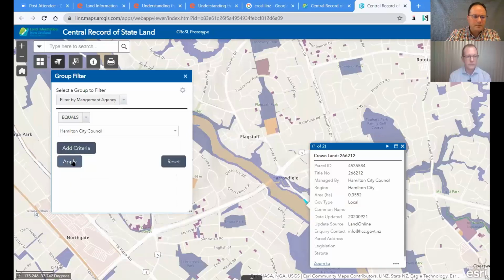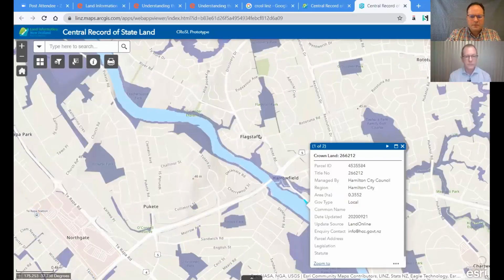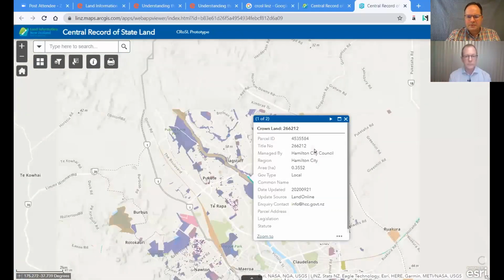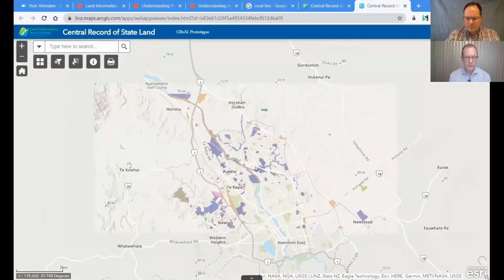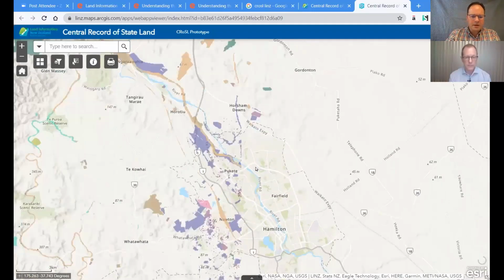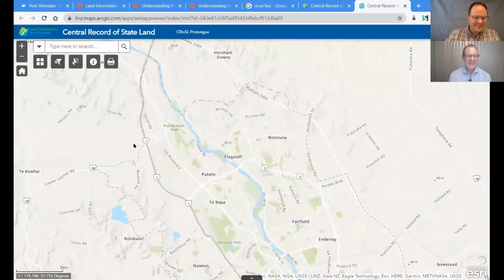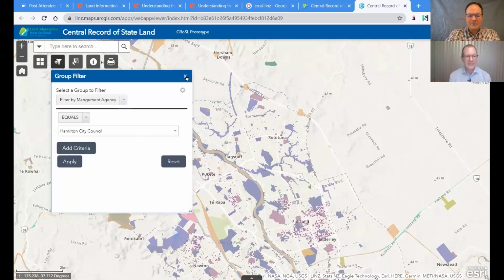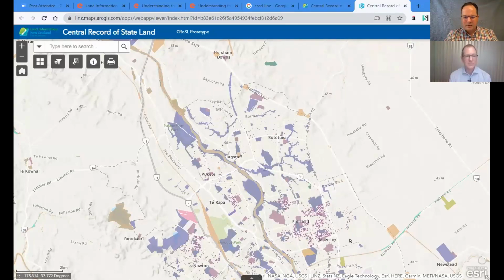There we go, apply. So what I've just done is filter based on Hamilton City Council, I think. No, maybe not. Well, I attempted to anyway. I gave it a fair go. I clicked the buttons. But yes, that's available there, and I'll put that link in the chat for you as well, so you can have a fiddle in there.